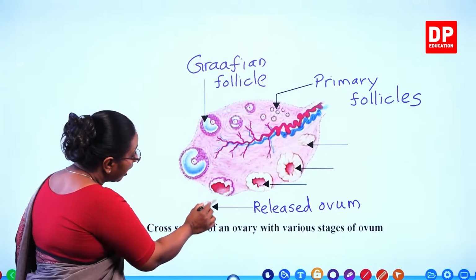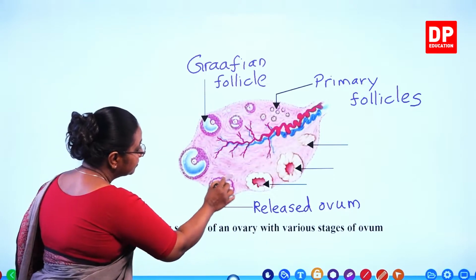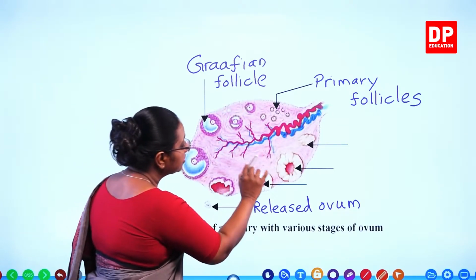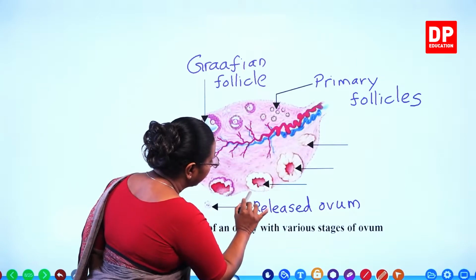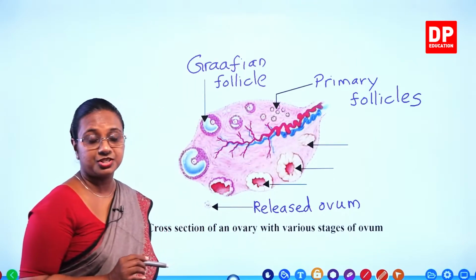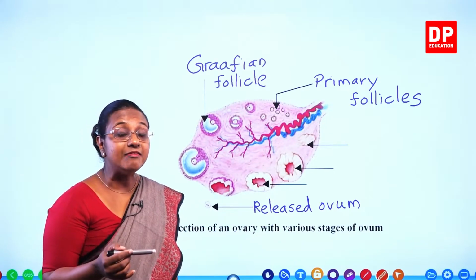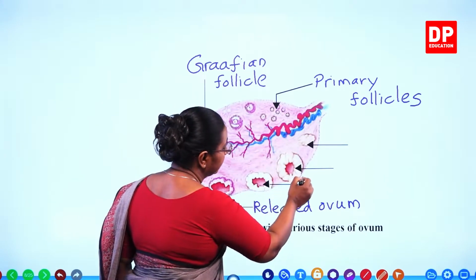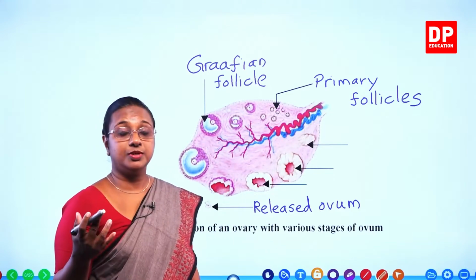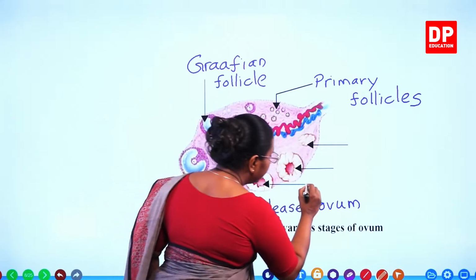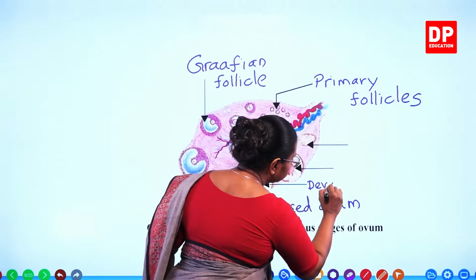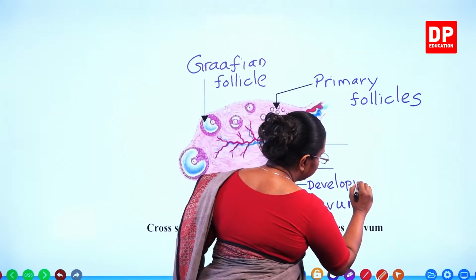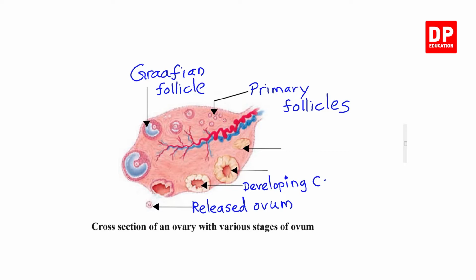After the ovum is released, this burst Graafian follicle undergoes changes, and here you can see this yellowish color structure that is known as the developing corpus luteum. And here you can see it has become the corpus luteum. So this is the developing corpus luteum.